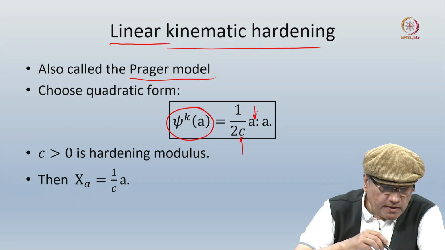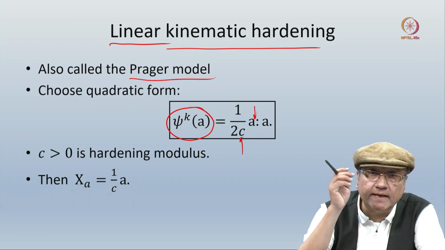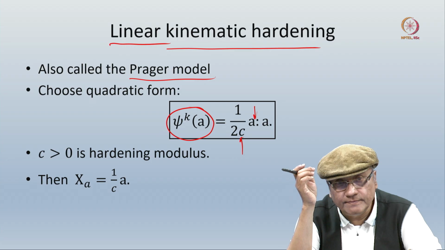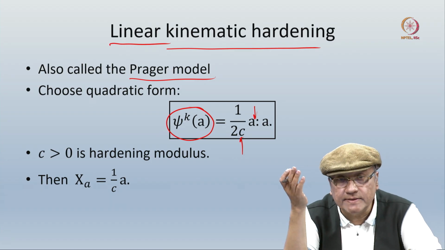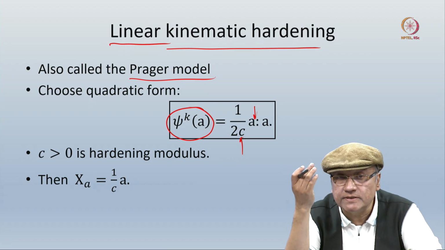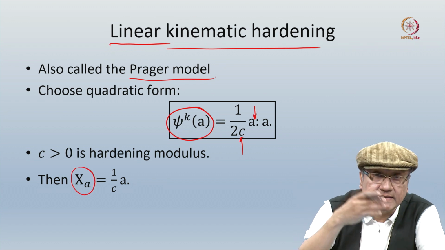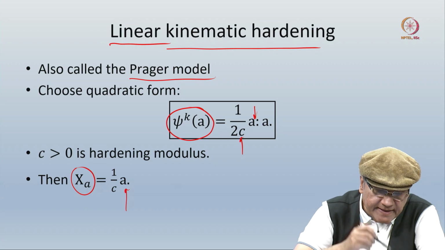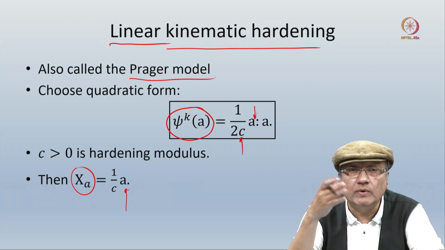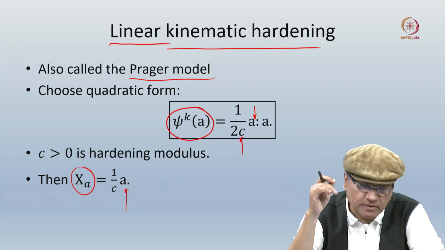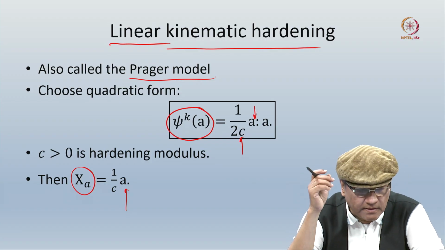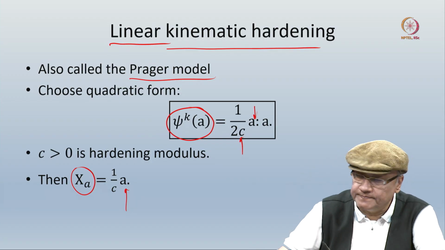Okay. So then if I differentiate this psi k with respect to the back stress, psi k is a scalar, back stress is a tensor, so I get a tensor which is basically X A, the thermodynamic force. In this case it is a tensor, the same type as A itself, and it is given by 1 by C A. Okay, so C is a scalar hardening modulus greater than 0.